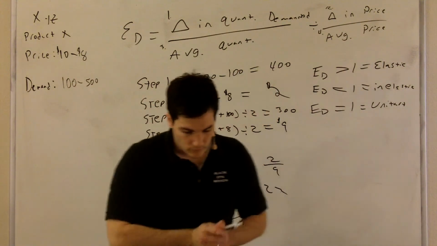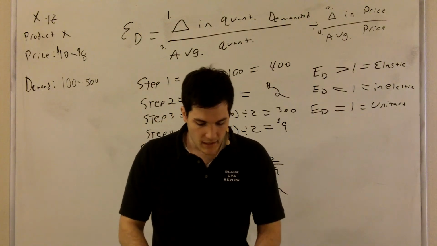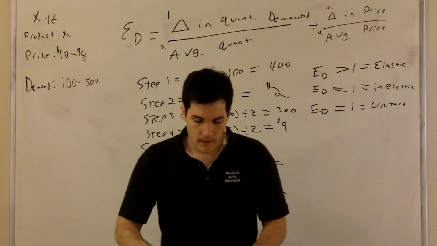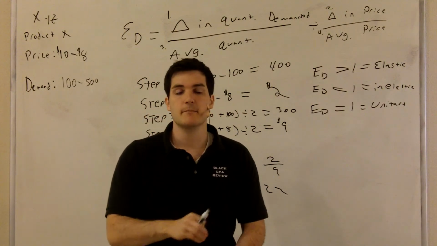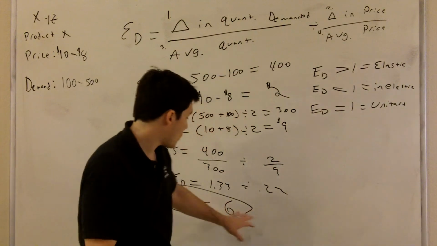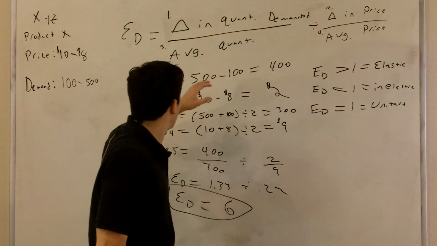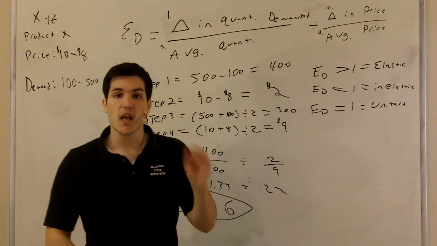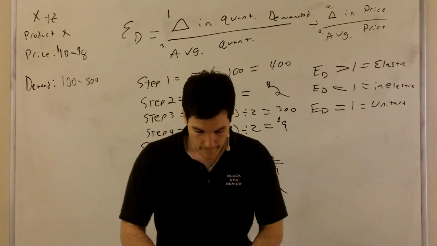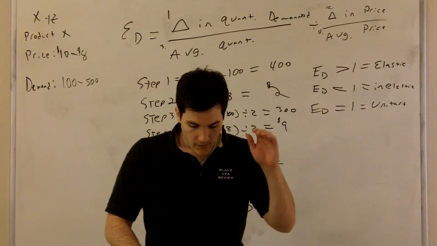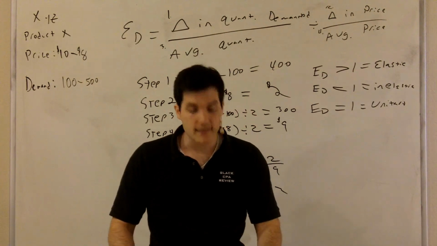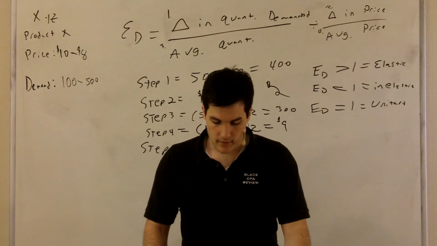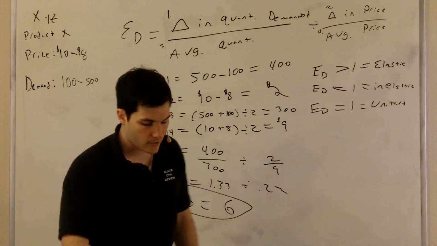And then by using the elasticity coefficient of a product, it's possible to predict how a change in price will affect demand. So we know what the coefficient is for product X. So from here on out, we can determine what a change in price is going to do to demand. So if the price were to be decreased by 5% for product X, then demand will increase by 30%.